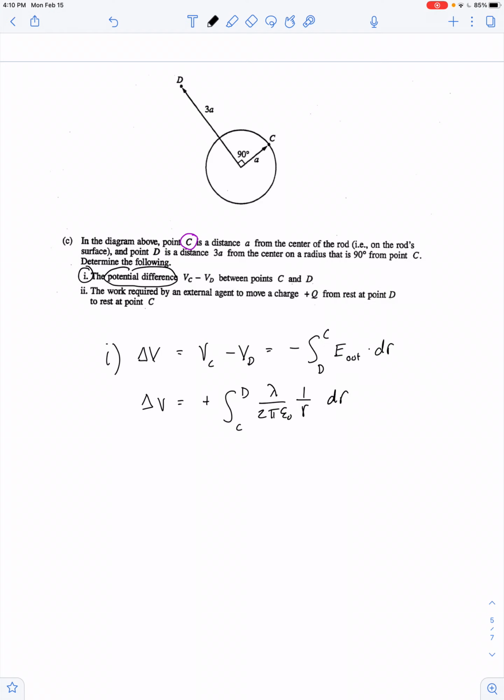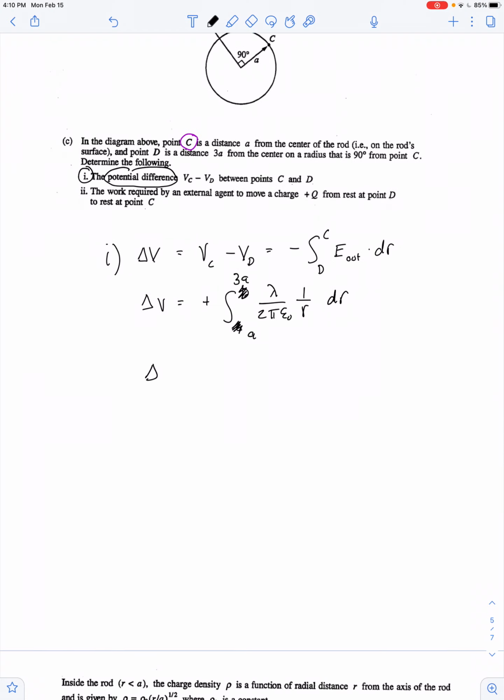Now what we really mean by C is from A, what we mean by D is 3A. Okay, so delta V is equal to lambda over 2 pi epsilon naught times the integral from A to 3A of r to the negative 1 dr, which gives us natural log of r, evaluated from A to 3A.